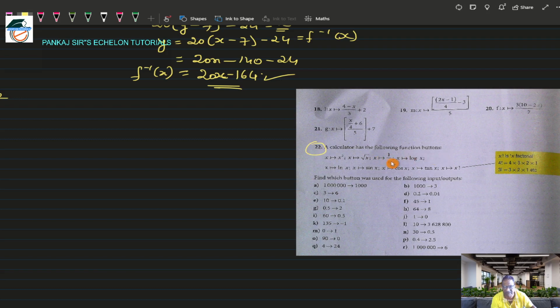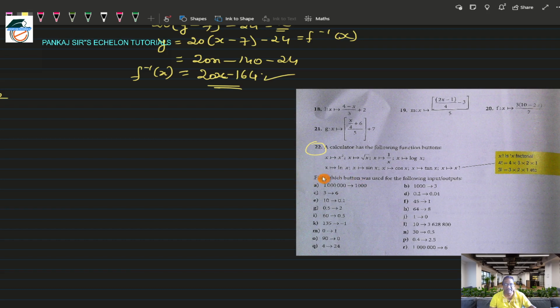So on the calculator, these are the buttons which you will have to use: x square, root x, 1 by x, log x, ln x, sin x, cos x, tan x, and x factorial. So these are the buttons which you will find on the calculator.